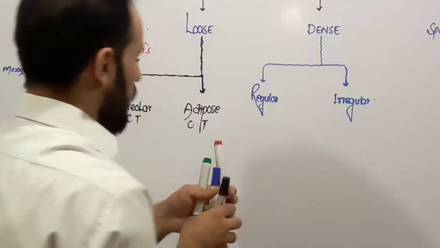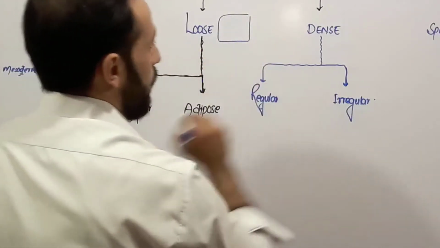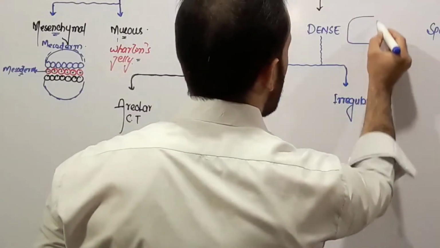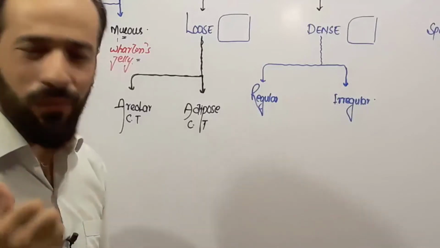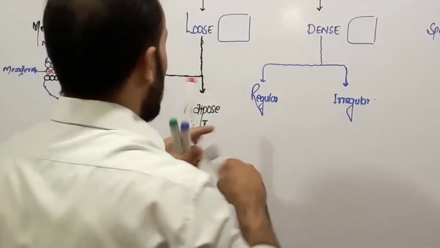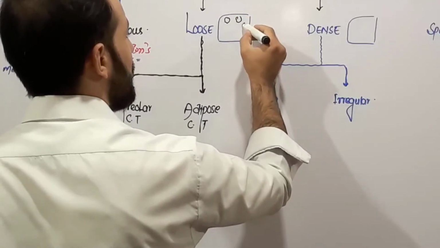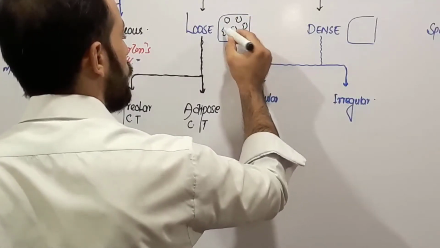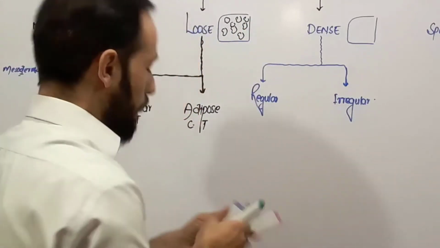Let's come here. For example, if this is a piece of loose connective tissue and here is a piece of dense connective tissue. What is the difference between loose and dense? Very easily, look here. In loose connective tissue we have more cells and less fibers.